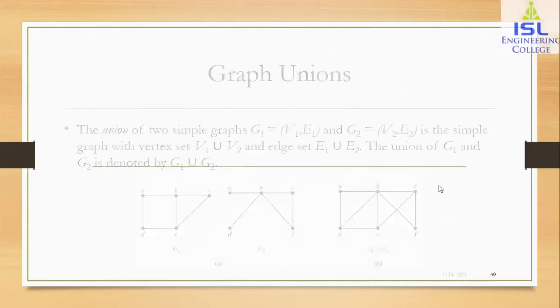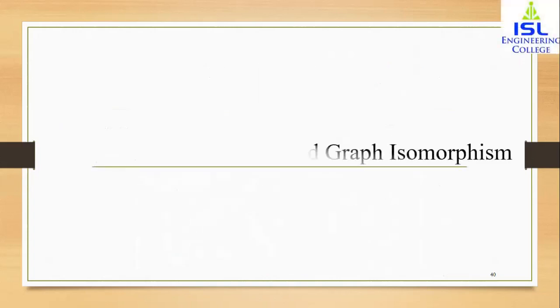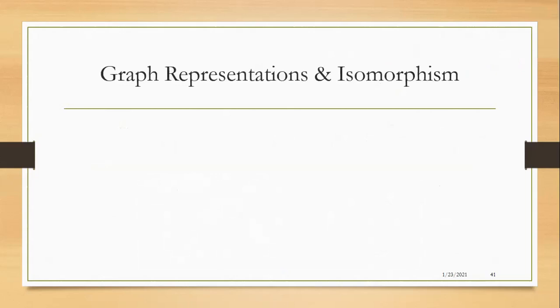Now after that, we have the next topic, representing graphs and graph isomorphism. So in graph representation and isomorphism, this subtopic covers the representations of graph. We have seen how we represent relations, if you remember. So we represent relations by 2 methods: one is by digraphs, that is directed graphs, and also matrices.